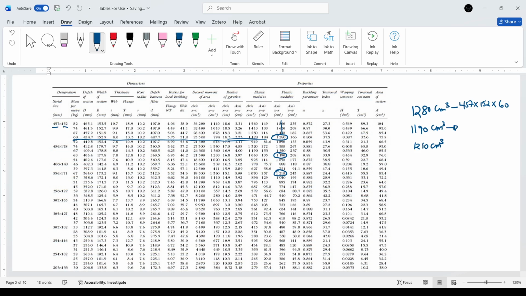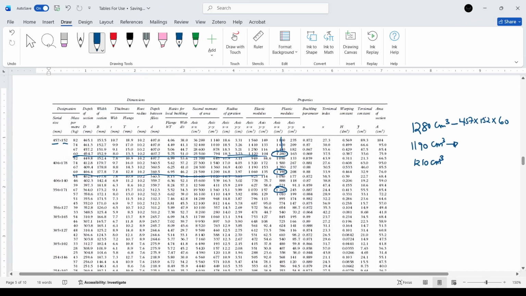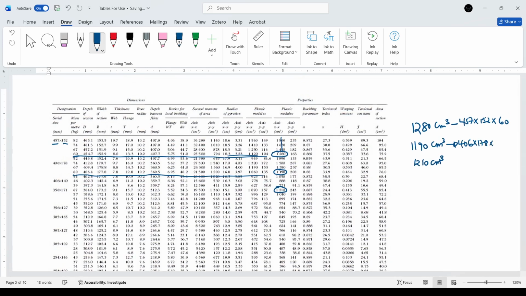Then second section, 1190 here will be 406 by 178 by 60.